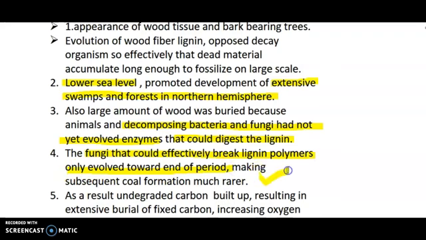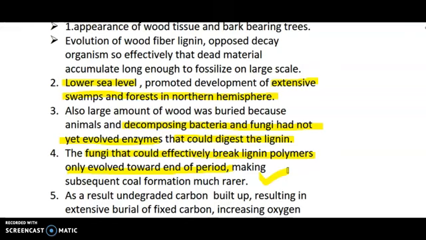If you talk about today's world, if a plant or a tree falls, it gets decayed immediately due to microorganisms or fungi. But at that time, the microorganisms and the fungi had not evolved. They didn't have enzymes to decay the wood, so the wood had a much better chance of altering into coal.